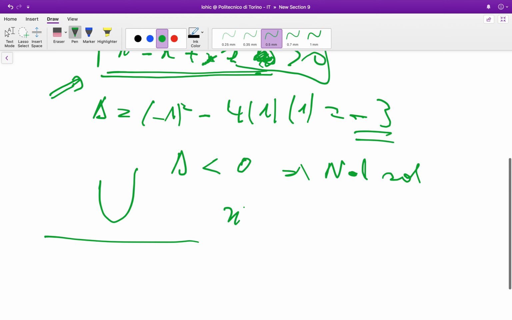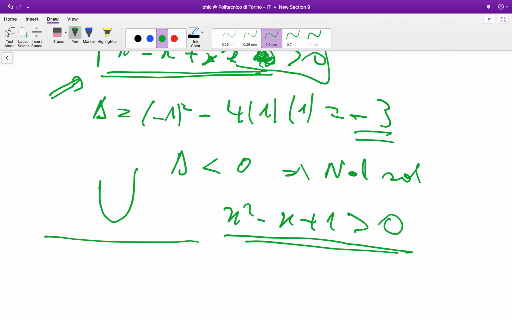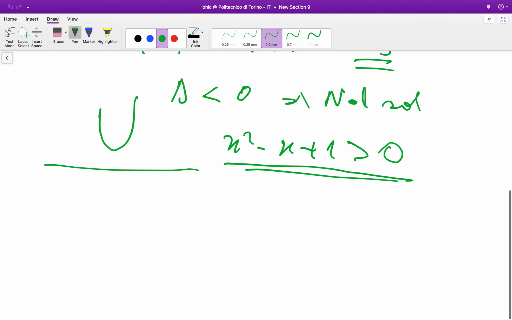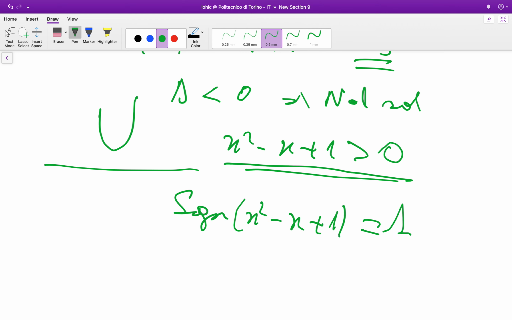This means that x squared minus x plus 1 is always greater than 0, never not, yes or no? Then, as it's always greater than 0, this is always a positive quantity, so the secant of x squared minus x plus 1 will always be equal to 1. If you have secant of a positive quantity, it is always equal to 1.